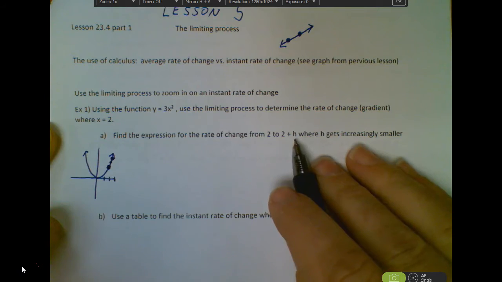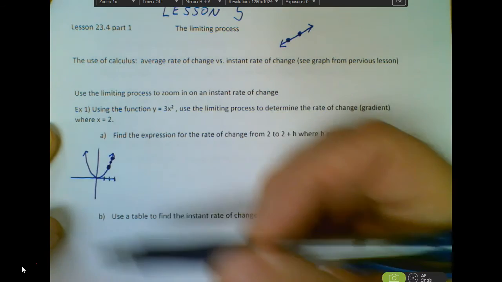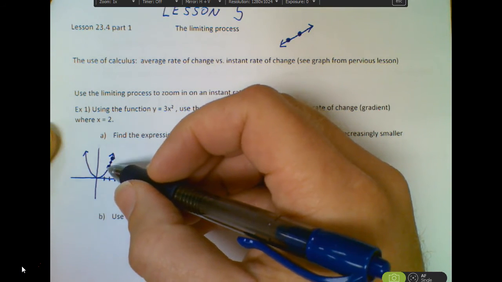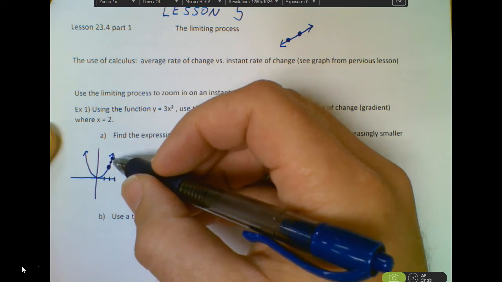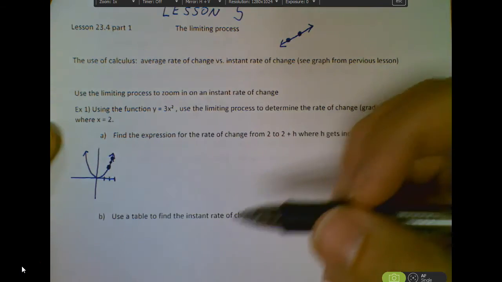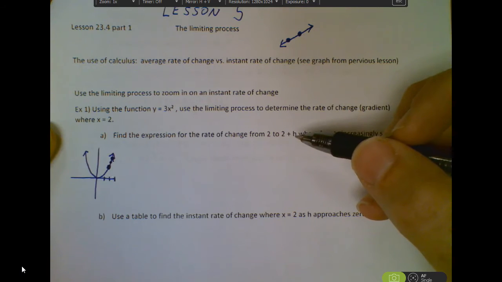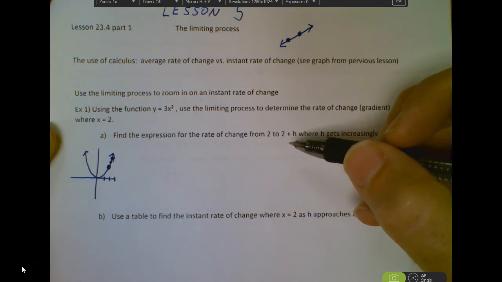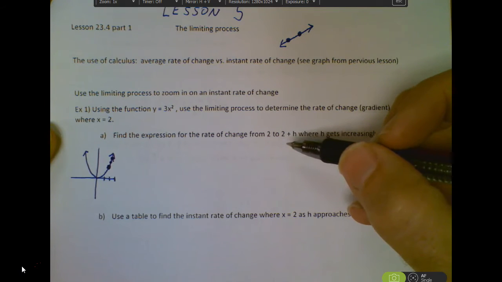Keep in mind what h represents here. H represents the distance between the 2 points that I'm using. For example, if I wanted the slope between where x is 2 and where x is 3, that would make h 1, because that would take me from 2 to 3. That's the distance between this point and this point.